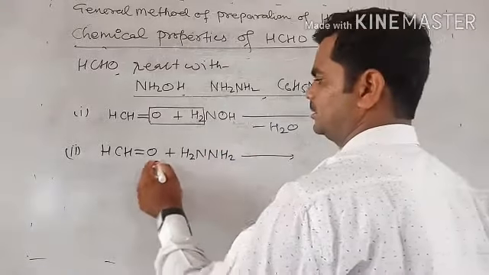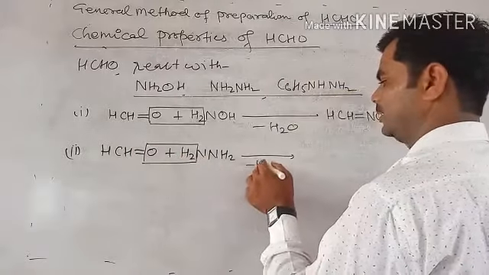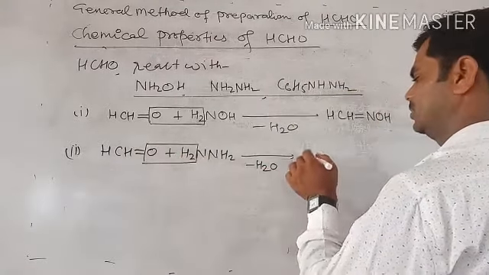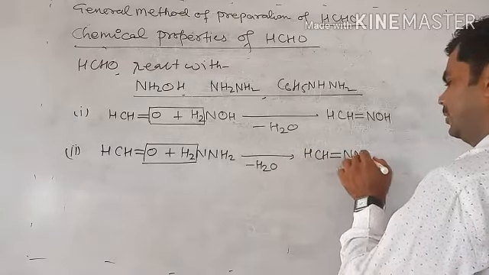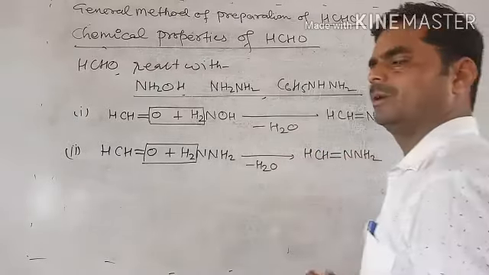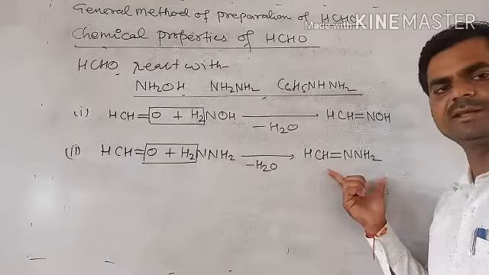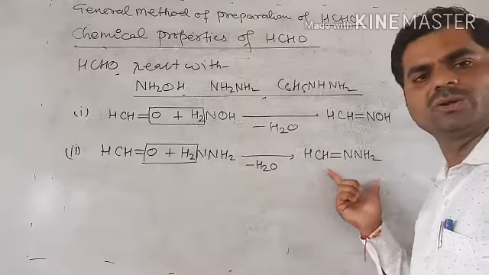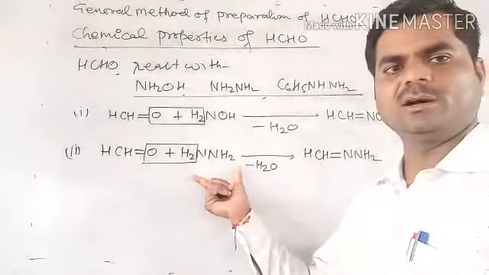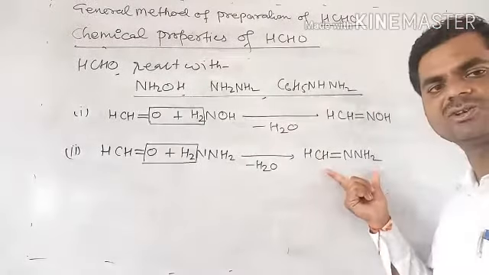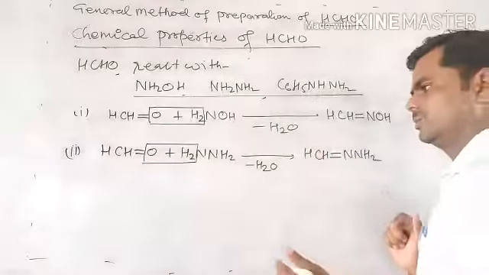The hydrogens of hydrazine and the oxygen of formaldehyde react to form a water molecule, means minus water, and the remaining portion is H2C=N-NH2. What is the name of this compound? Formaldehyde hydrazone. Okay, students, when formaldehyde reacts with hydrazine, it forms a hydrazone, and the name of this compound is formaldehyde hydrazone.